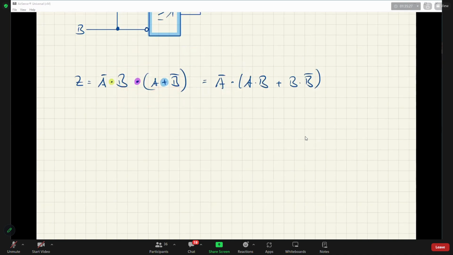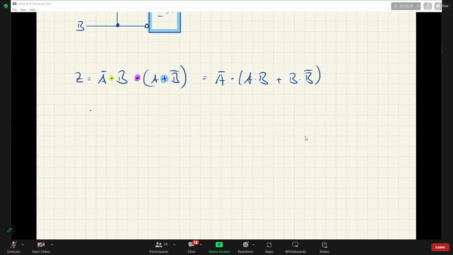And I will now do the same with A. So that's A not A B, or A not B B not. And now that one here is 0 and that one is 0, since B and B not is 0. So what I have here is 0. There is no combination where my output is getting 1 for that circuit.